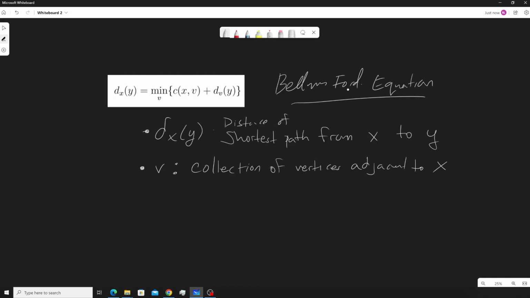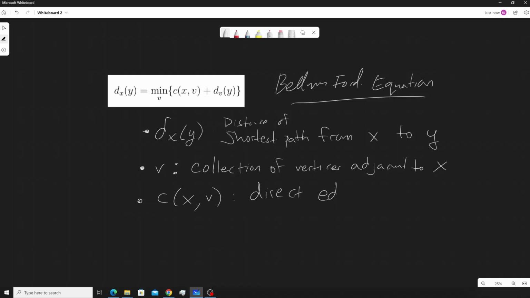Okay, so it's a collection of vertices that are adjacent to our node x. And then we have 2 more values. So we're choosing the vertex that minimizes this function. Okay, this function itself is composed of 2 elements, c x comma v. This one's the easier one. This is just a representation of edge costs. So this is the direct edge costs.